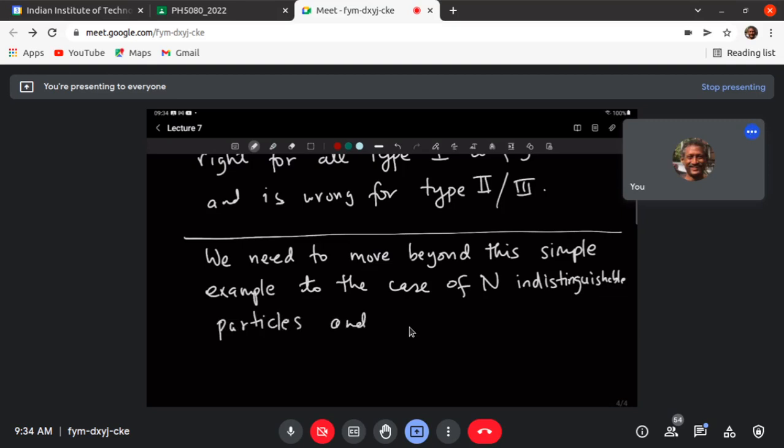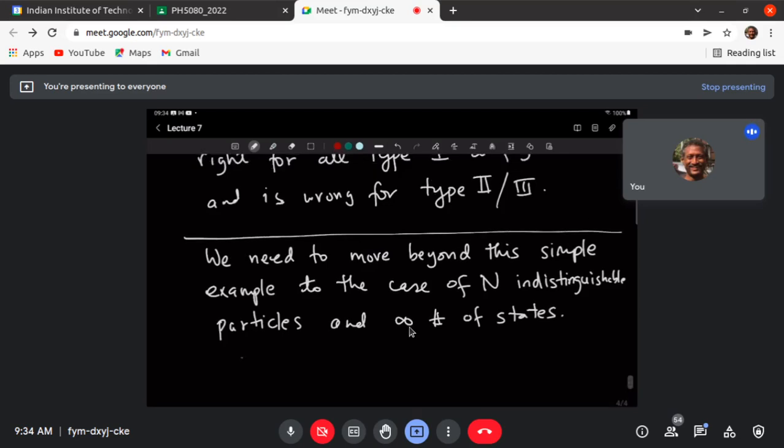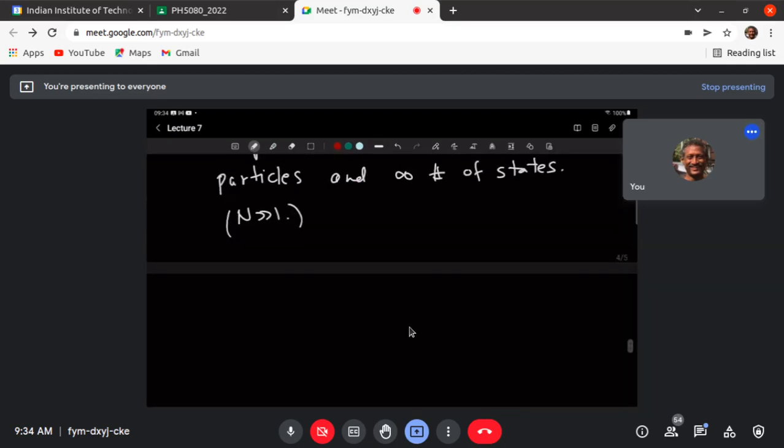And of course, an infinite number of states also, both. Okay, so where n is much greater than 1 here. Okay, remember that. So now the question is, something interesting happens in this case.